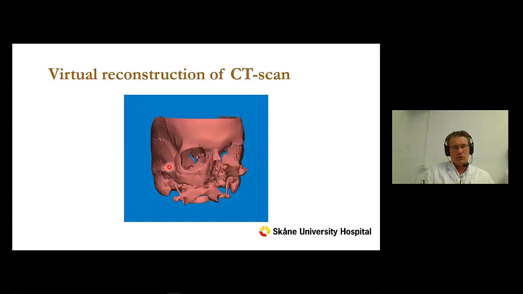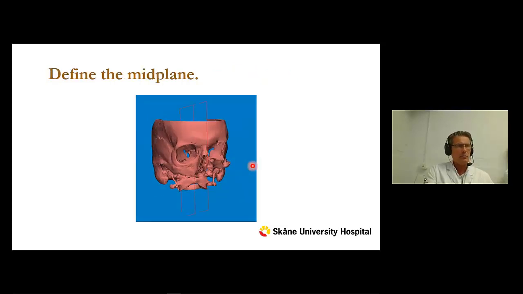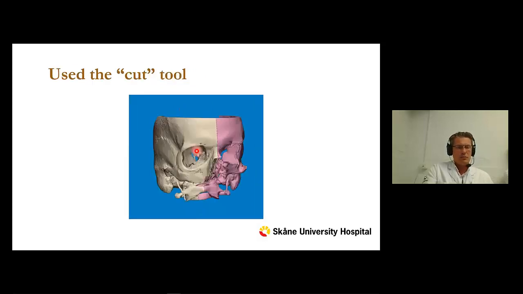This is the reconstructed CT scan with a trauma injury to the left side. I made a cutting plane using cephalometric landmarks, in this case Nasion, Sella and Basion, for those who know where they lie. I cut the model in half and threw the pink model away.